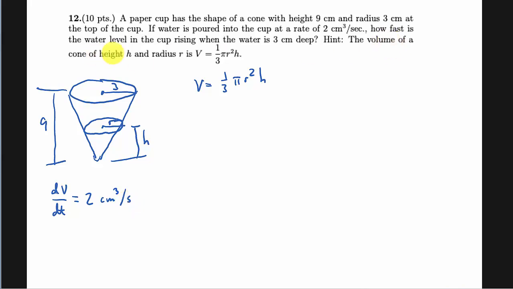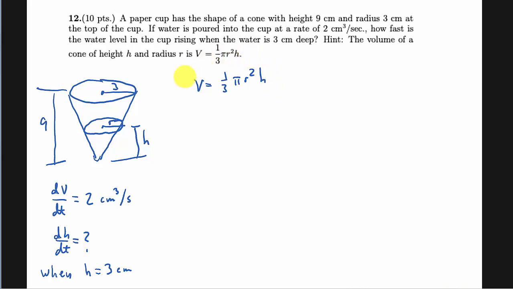They want to know how fast the water level is rising, so that's the change in height. So dh/dt is what we're looking for. And they want to know all this when h is equal to 3 centimeters. So notice they're giving us information about h, and they're wanting us to find the change in height.